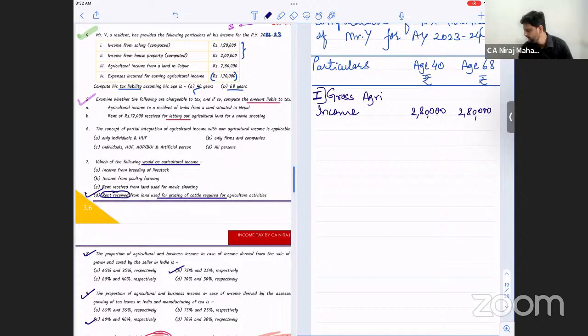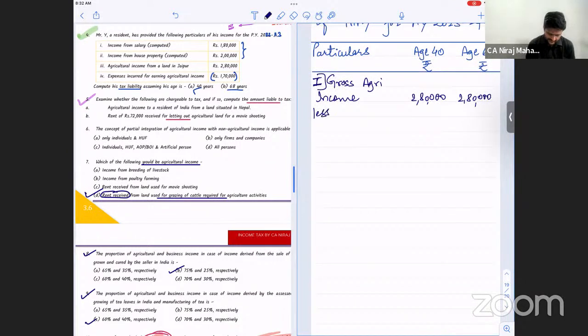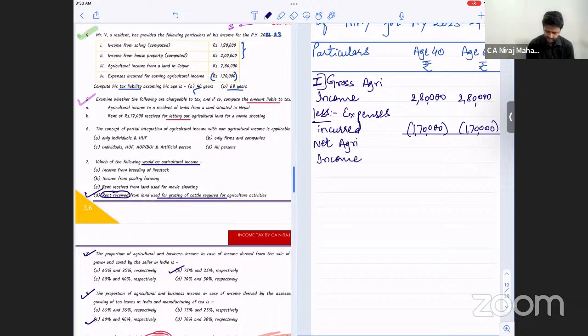Taxable amount, last figure. Only difference will be what? In the tax liability. Less expenses incurred is how much? 1,70,000. Therefore, net agri income 110. Everybody? Correct?